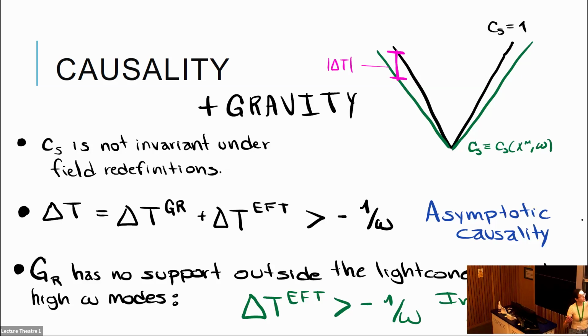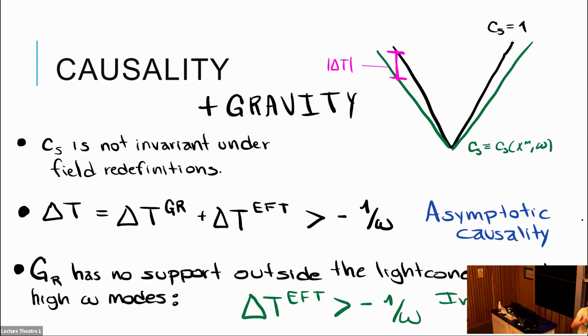And this is a matter of choice of what you think you should be comparing light cones with. So this basically tells you you're comparing with the light cones at spacetime infinity, aka the light cones of a flat universe. This bound over here says that you should be comparing causality for not having support outside of the light cones locally.